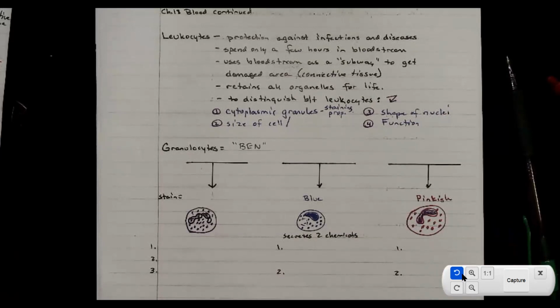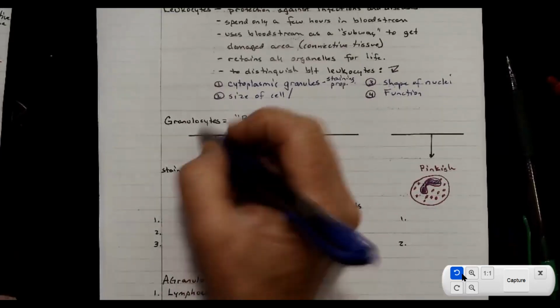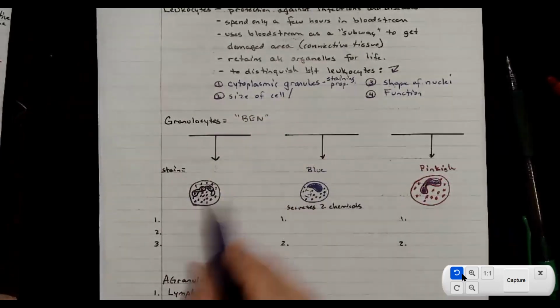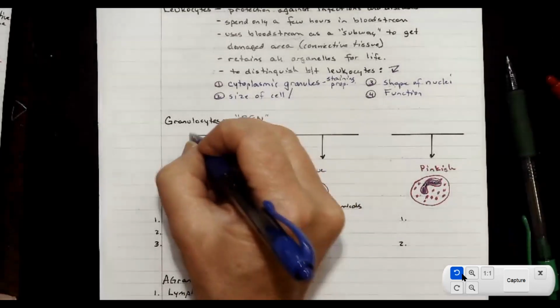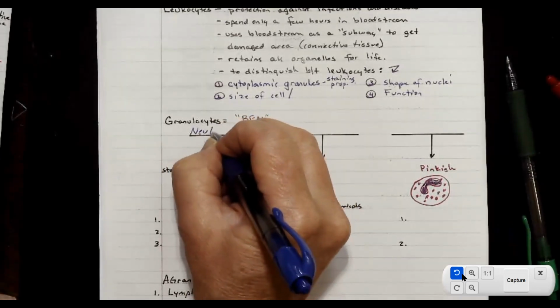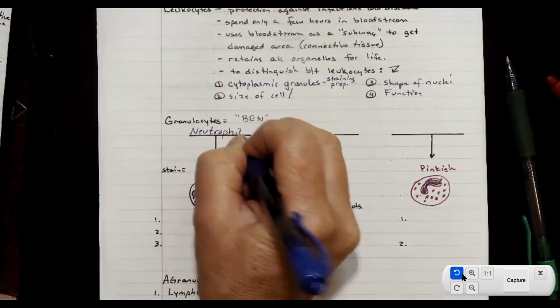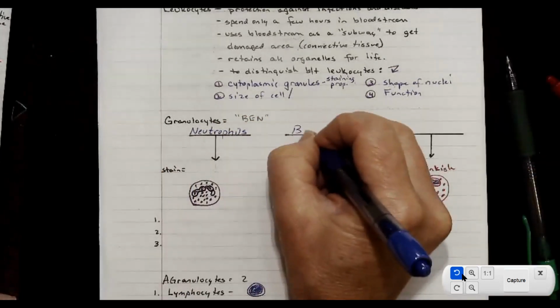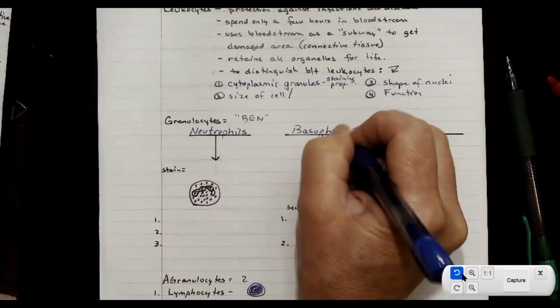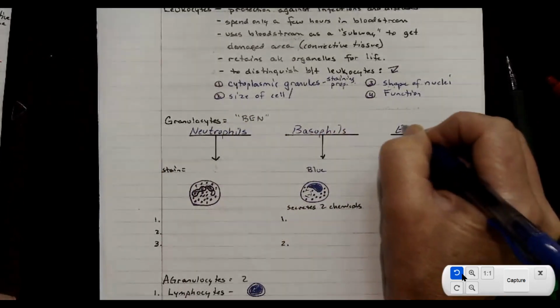There's three main ones. And the way I actually meant to put BEN this way, but the way I drew it, these are the neutrophils. These are the most abundant. And then we have the basophils. And that leaves us with the eosinophils.